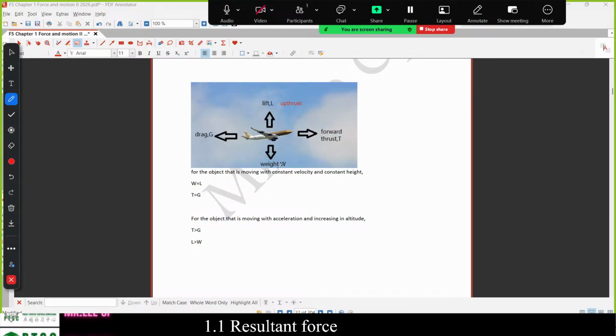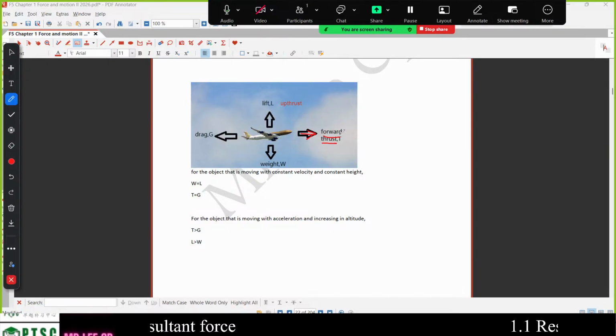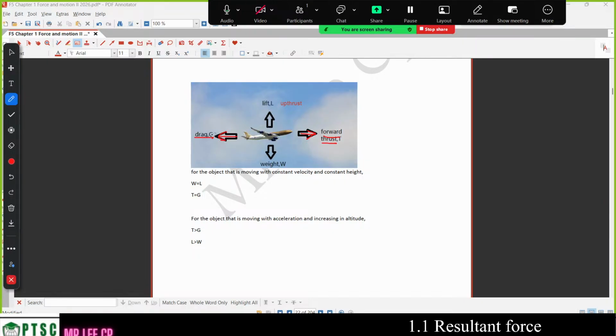Now, the one that goes forward here is called forward thrust, or sometimes they call it engine thrust. And then this one, D, is the name for drag. The drag includes all the air friction here.